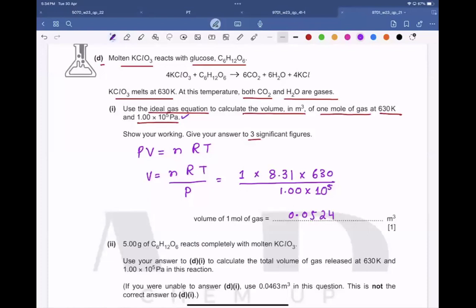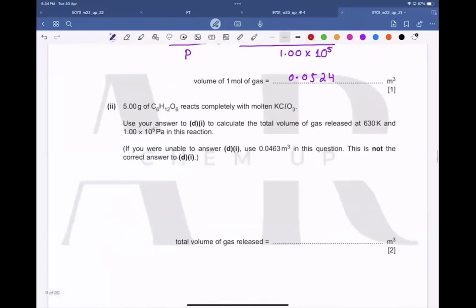So we got the volume in meter cube. Now, 5 gram of glucose reacts completely with molten KClO3. Use your answer to D1. Calculate the total volume of gas released at 630 Kelvin and 1 × 10^5 pascals in this reaction.